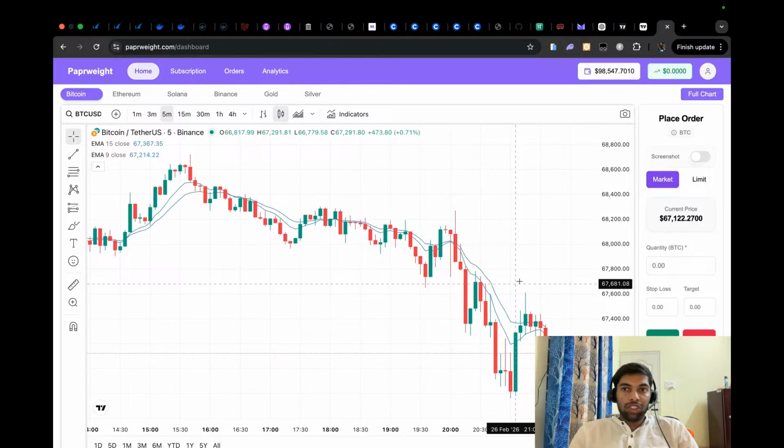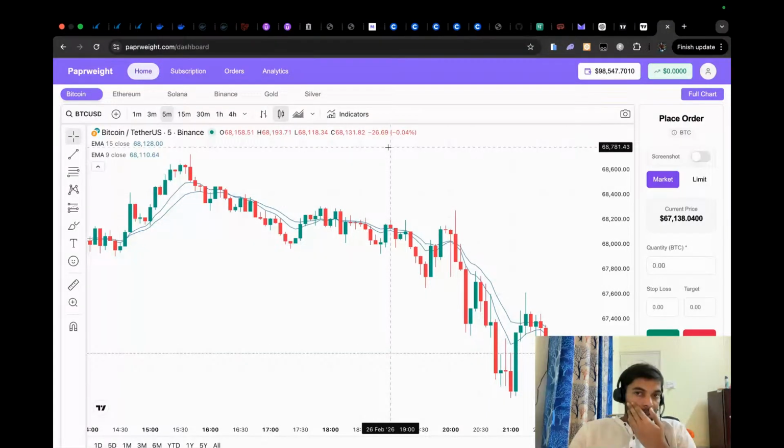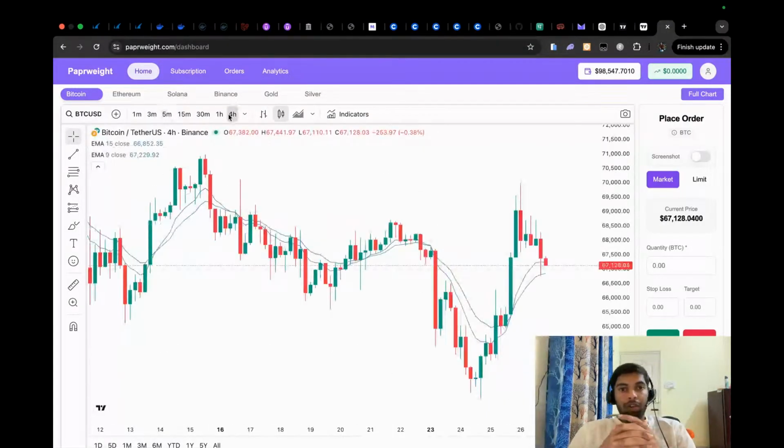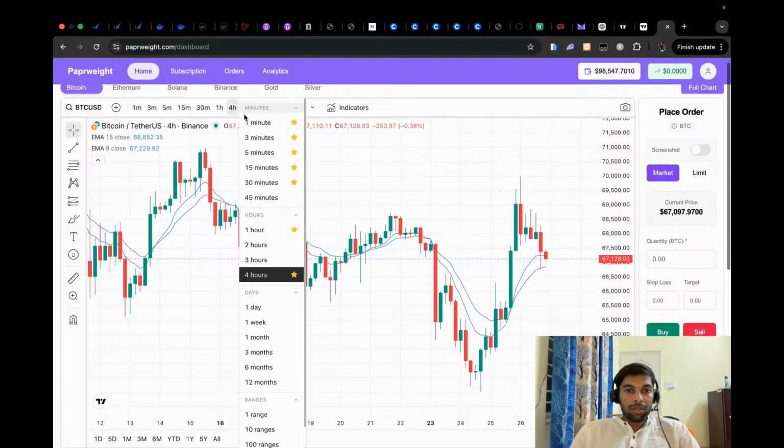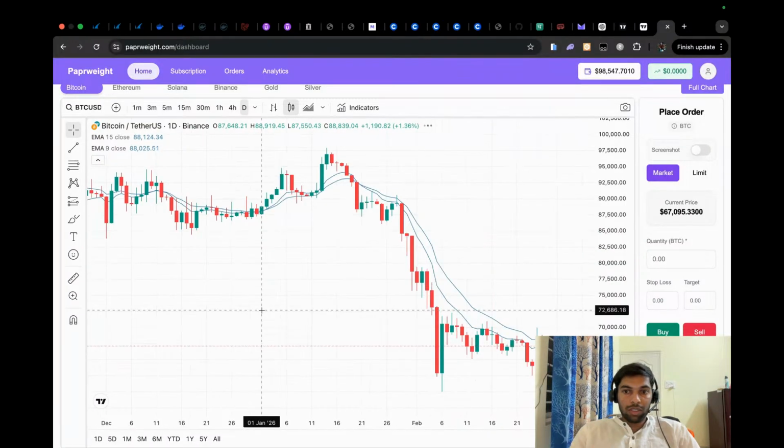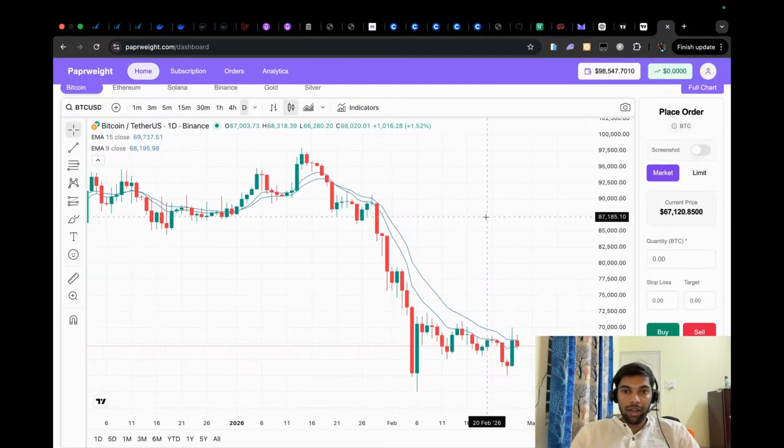So let's see the picture at the higher time frame. At the higher time frame, the picture is also confusing. Let's see what is happening at the daily time frame.